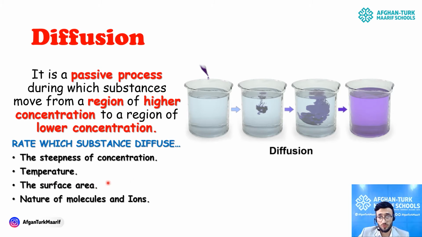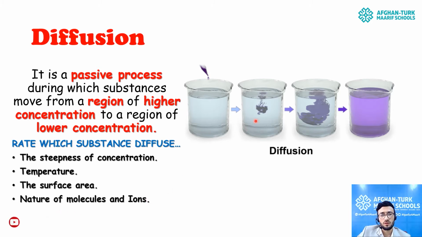It means the surface area where diffusion is going to be carried out. So when the area of diffusion is bigger, the molecules that are going to spread out diffuse faster. Another important thing that affects the rate of diffusion is the nature of molecules and ions.